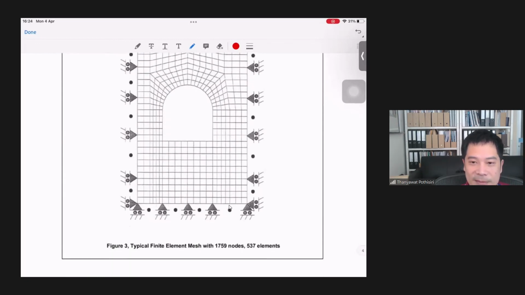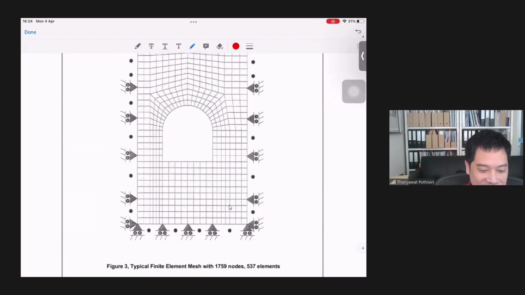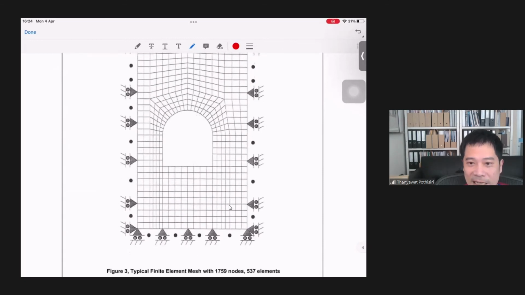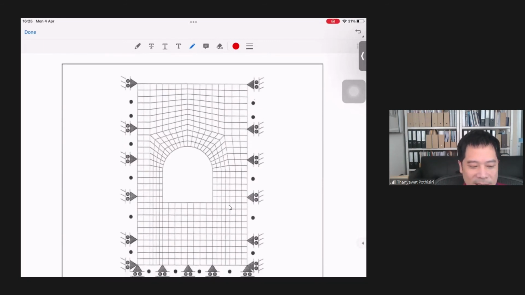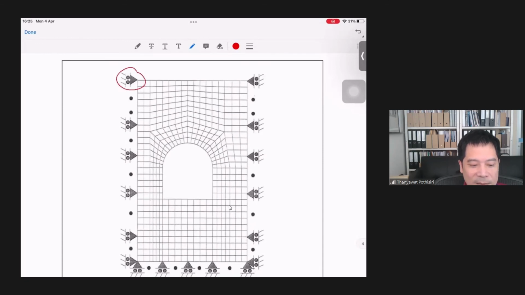So well, this is just an example, but it may not be correct. Okay, so you have to think about how you could provide boundary conditions properly for your model.